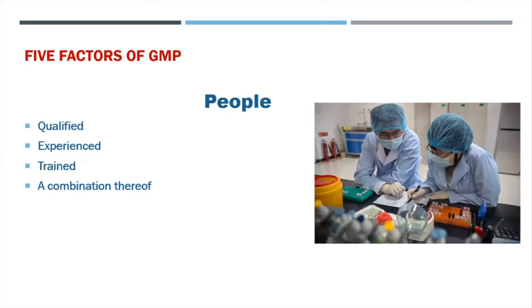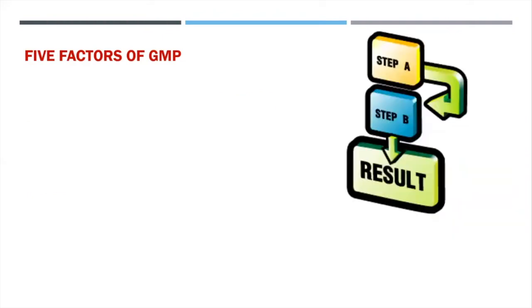So you might be qualified and experienced, but not trained, or you might be qualified and trained, but not experienced. So it has to be a combination of these 3 factors.